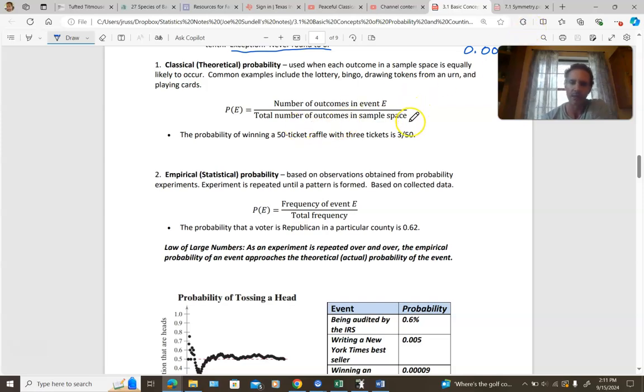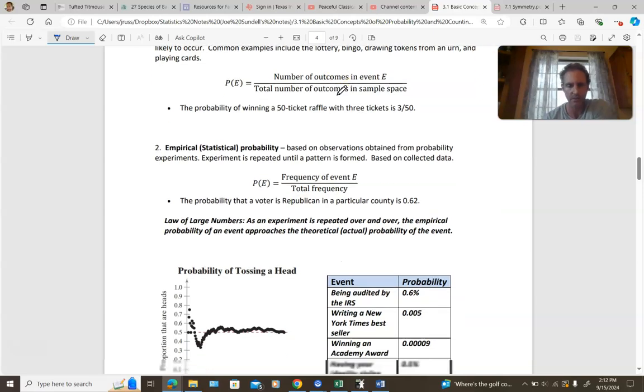Another example: the probability of rolling a 12-sided die and it landing on 7 is 1 out of 12. 12 because there are 12 possible outcomes, and the numerator is 1 because only one of those outcomes comprises the event that you roll a 7. So 1 out of 12. You guys probably have some intuition already concerning this.